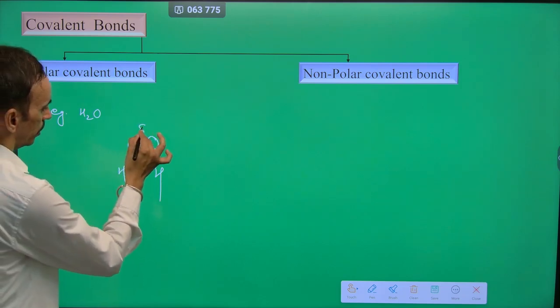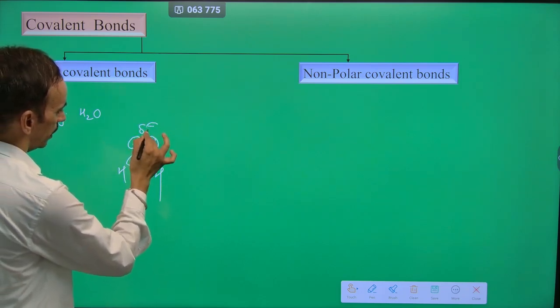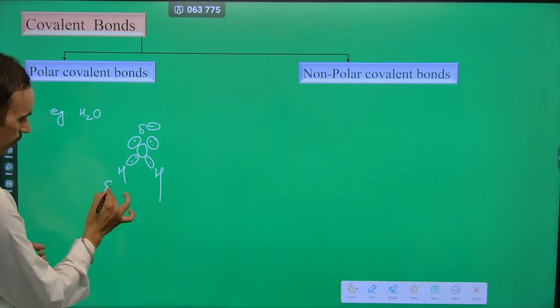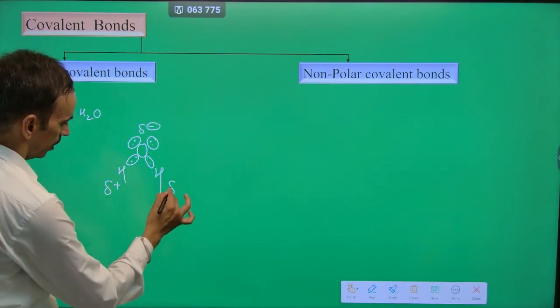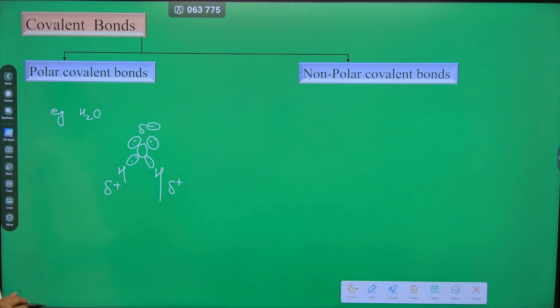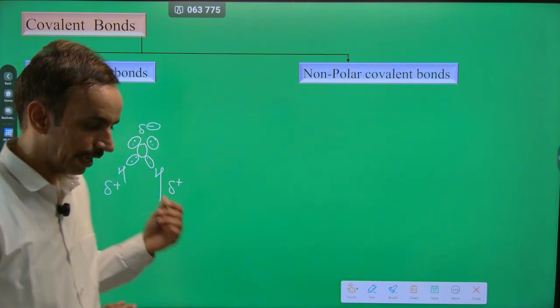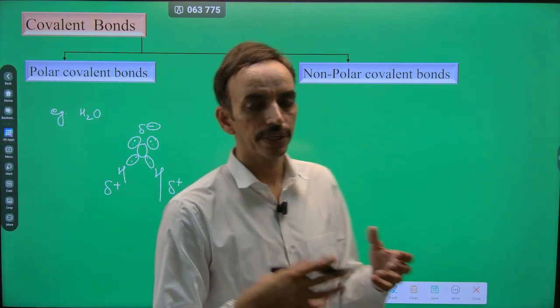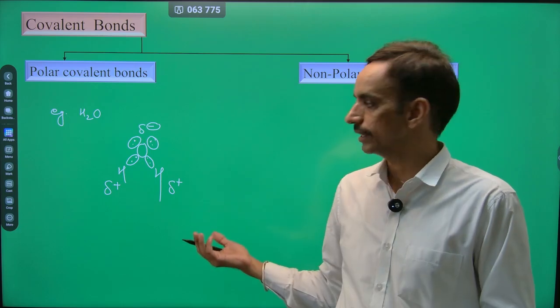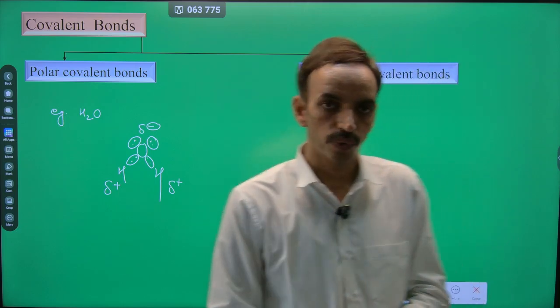The oxygen has a partial negative charge, while the hydrogen has a partial positive charge. So it has polarity, with a plus and a minus end. That's why it is called a polar covalent bond.